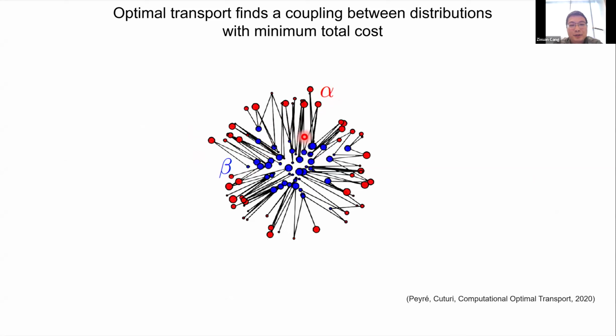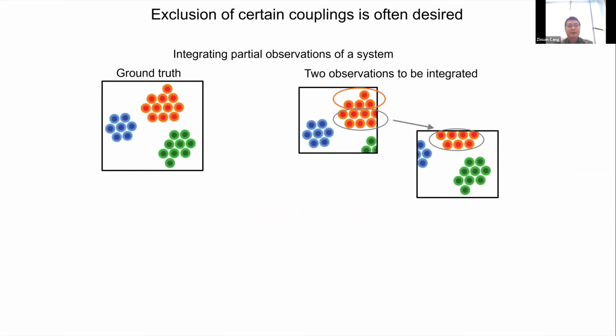And then there's a transport cost between these locations due to the Euclidean distance in the two-dimensional space. So in other words, we want to find connectivity plans between these red points and blue points such that all are connected and also the total length of these edges is minimized. Okay. So that's the traditional setup of optimal transport.